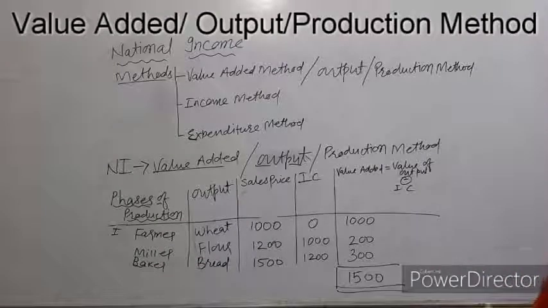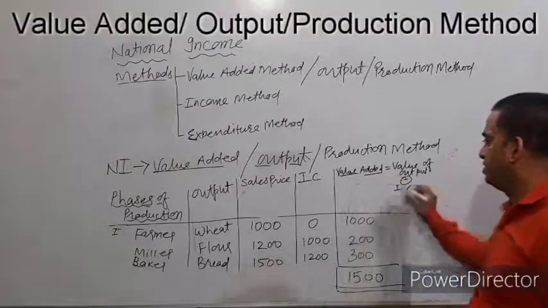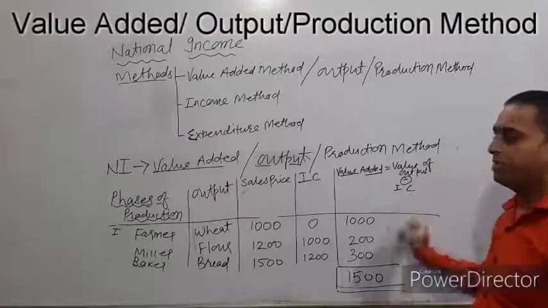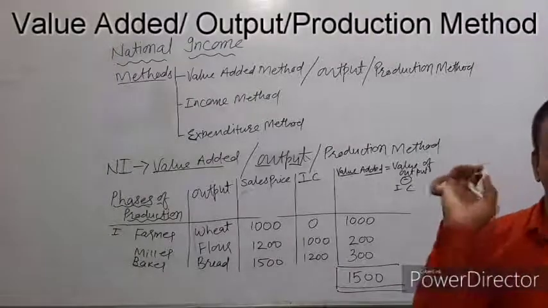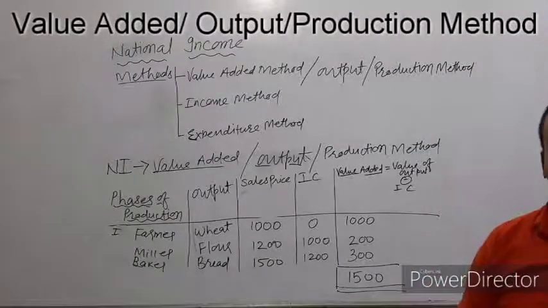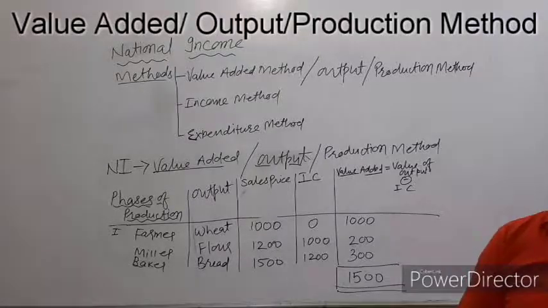So after this, what do we have to do in the value added method? Value added means what? Value of output minus intermediate consumption. Value of output means we can say sales, right? And intermediate consumption we can understand with the help of purchase. This type of thing we can also understand from 10th class, the formula of profit.